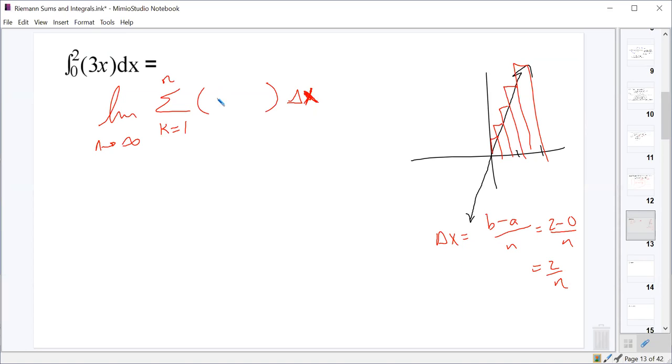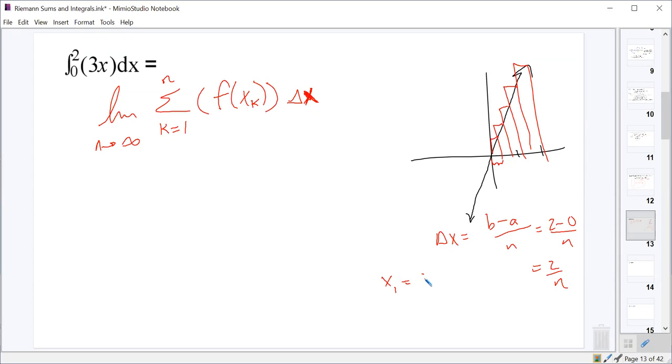But then we also need an f of x sub k, right? And so we need to figure out what x sub k is. So x sub k, we'll first figure out what x sub 1 is. So for our first one, how far over do we go to get the height of this rectangle? Just one of those intervals.